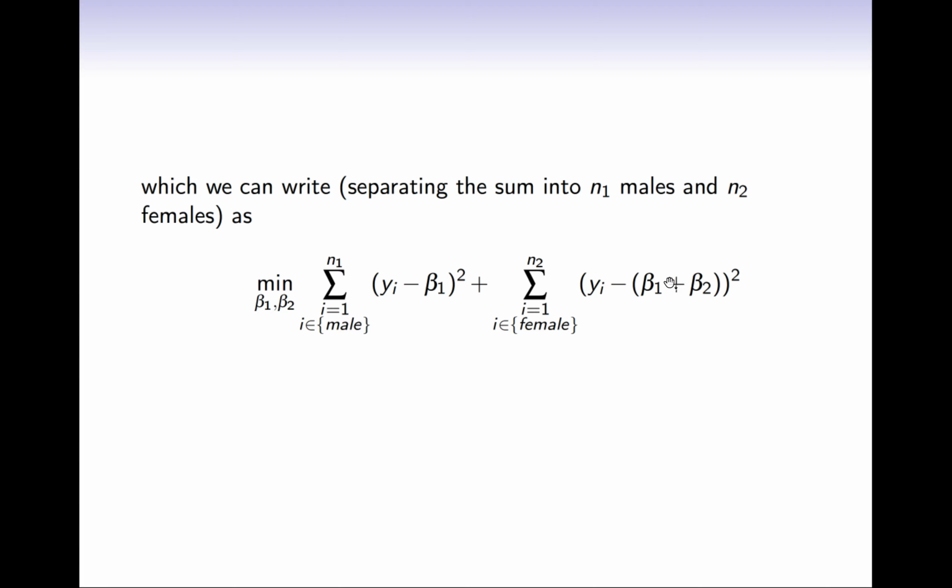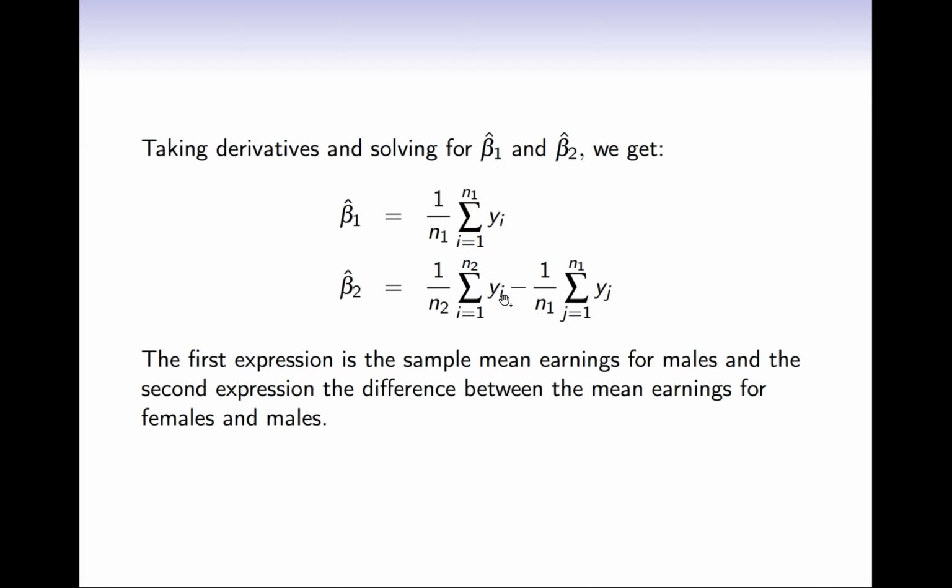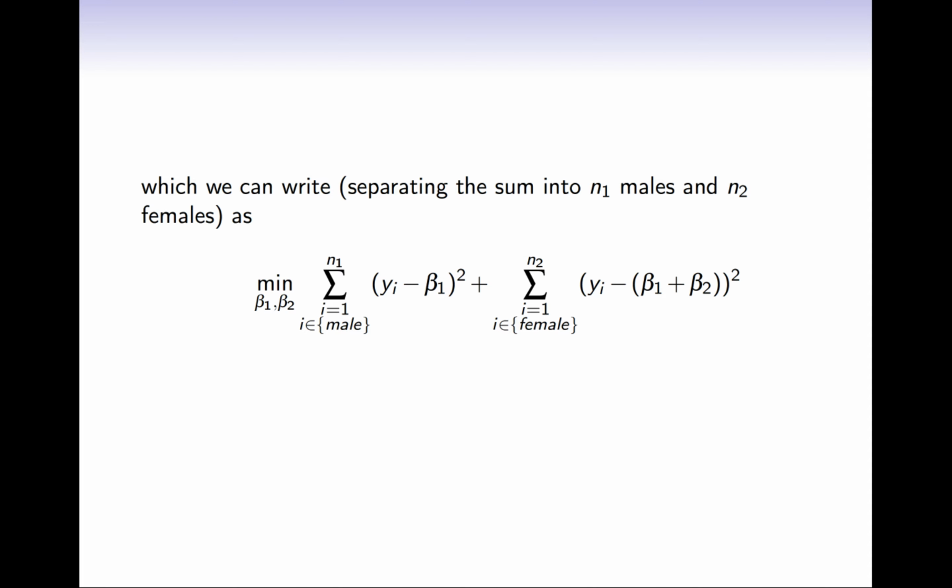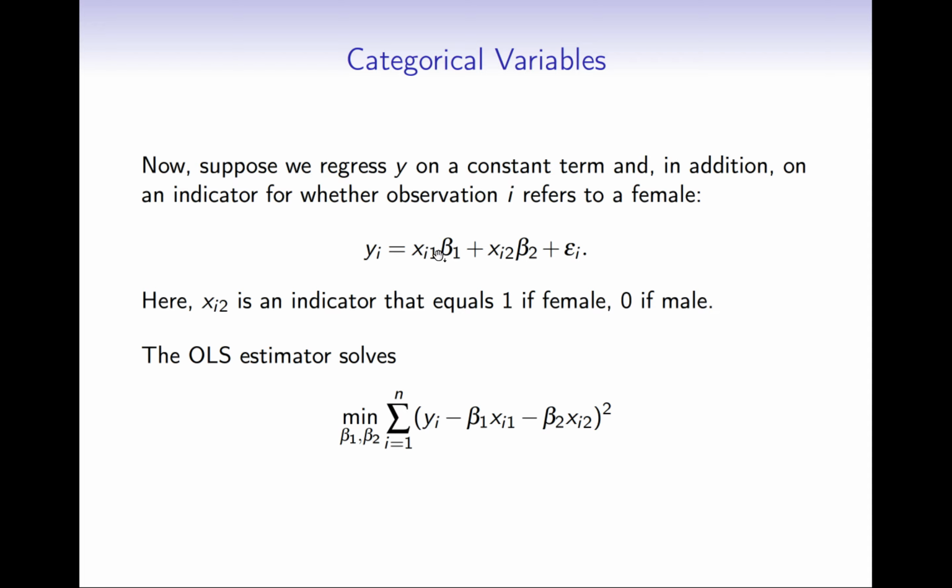This implies that beta 2 hat is going to be the difference in the mean for females minus the mean for the males. So if you have this model with an intercept term and an indicator for female, the intercept gives you the mean for males, and the mean for females is beta 1 hat plus beta 2 hat.